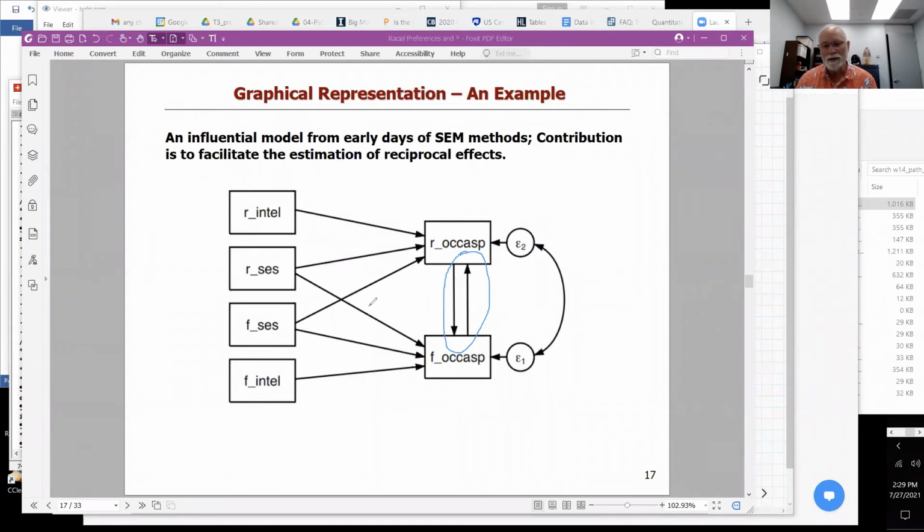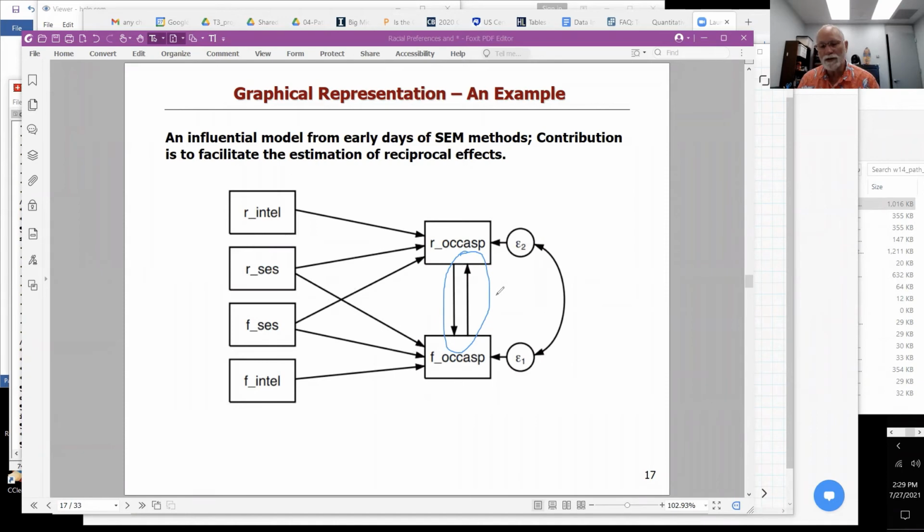So you'll often see this picture float up in introductions to SEM because it was a breakthrough to establish this. This occurred back in the 1960s. And this is being done without multiple indicators. So we have single indicators and we're estimating a reciprocal causation.